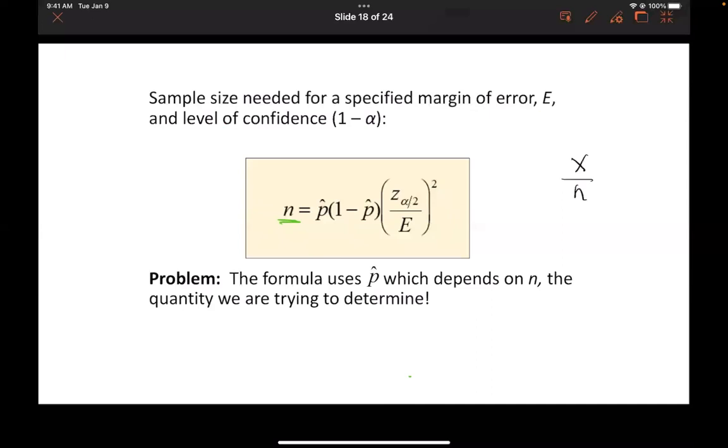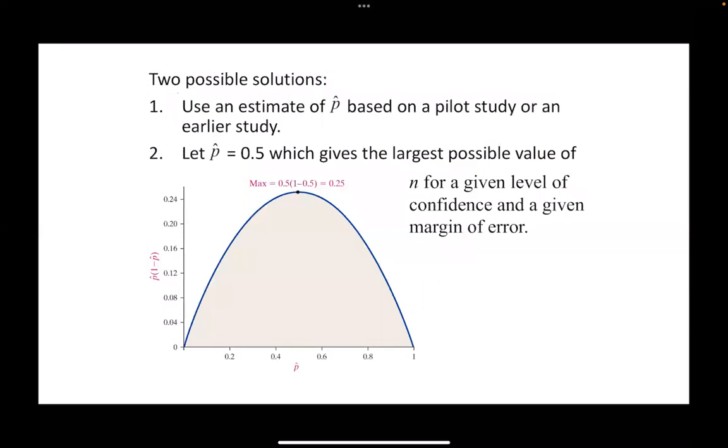There are two different things I could do. If there was an earlier study, I can use that point estimate, that p hat. Let's say 2 years ago, somebody else did a study and they got a certain value for their proportion. I can take theirs and say, okay, this is a great place to start. What kind of sample size do I need? If there's no other study, then I have to use the largest possible value of p hat, which, believe it or not, is 0.5.